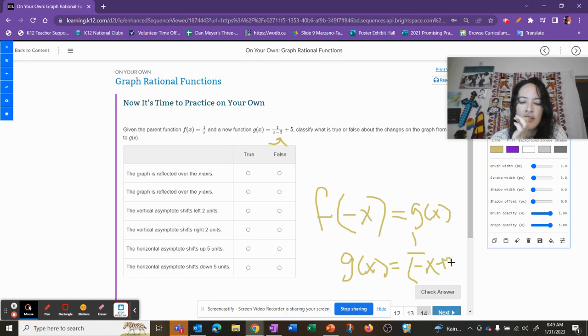Ooh, let's do this one together. Because we have our a over x minus h, plus k. This minus means it's the opposite direction. So if this was a reflection, a negative. There we go, that's what it would look like. And then if it's the whole thing, it'd be a negative. Oh boy.